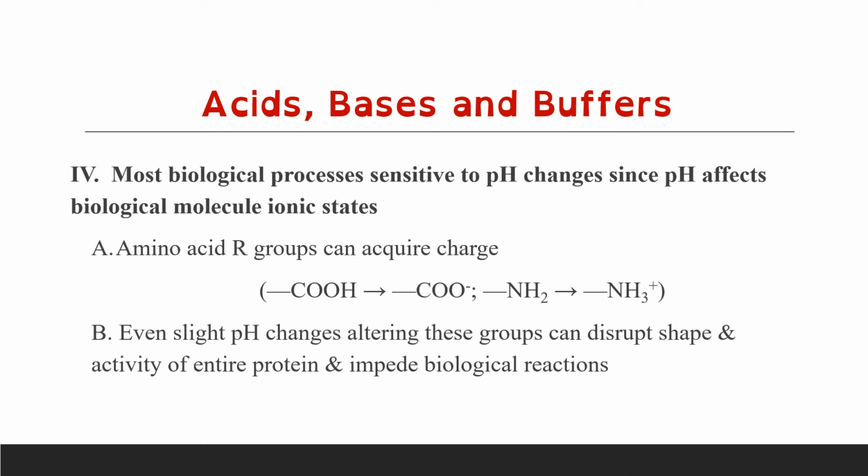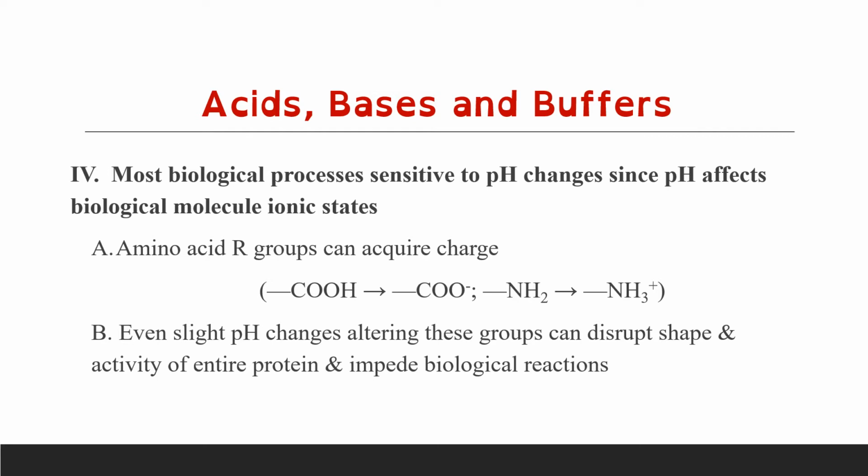Next, most biological processes are sensitive to pH change since pH affects biological molecules' ionic states. Here, we have an example of the amino acid R group or side chain that acquires charges. We have here a carboxylic group or amino group from an amino acid. As the hydrogen ion concentration increases, it becomes protonated, which can disrupt the activity of the entire protein.